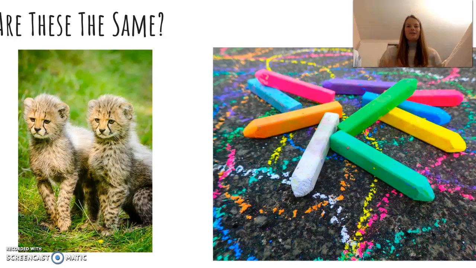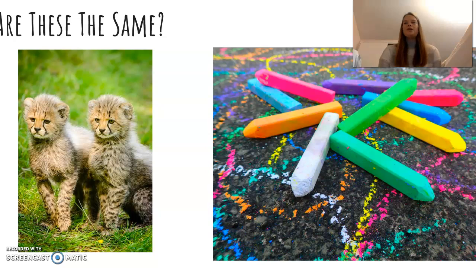So on this next one, I want you guys to read these two, this one object and this one animal. I want you to say their names out loud with me, and then I want you to tell me if these two things have the digraph CH in their name. Ready? Cheetah.